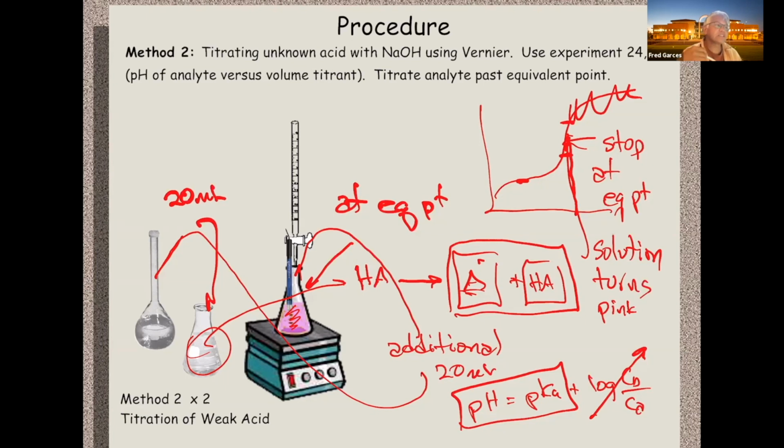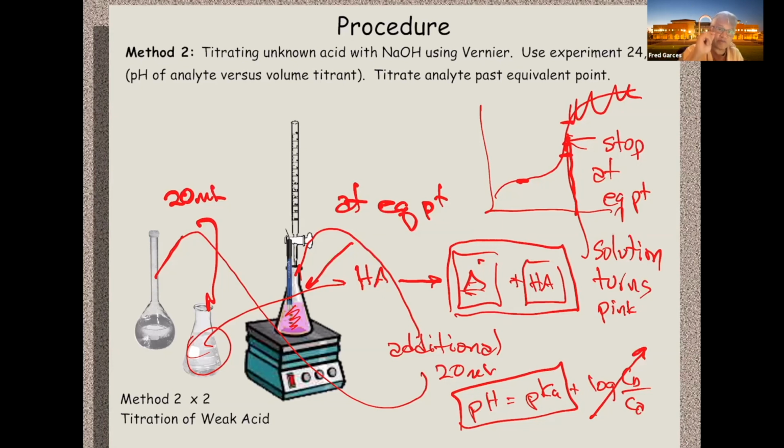So you see, this technique is much easier than the first method, but there's more chances of error as well. So let me repeat method 2. You take your stock solution, because you prepare that. You take an aliquot, let's say 20 mils. You put that in an Erlenmeyer flask, and then you put indicator, and then you titrate that to the first sign of pink.